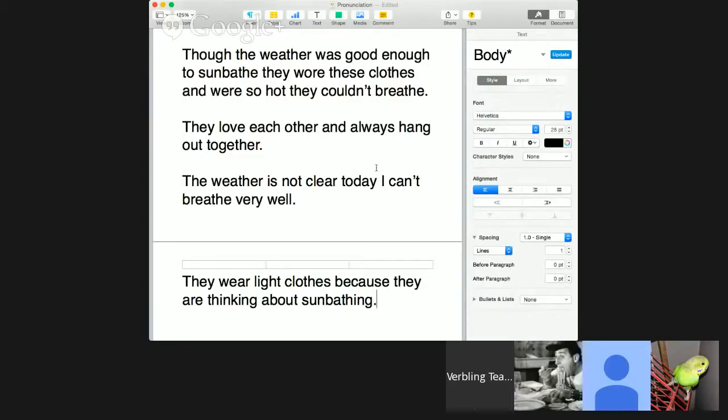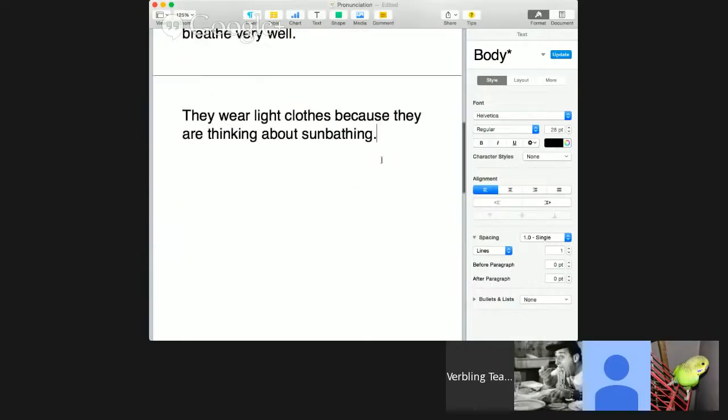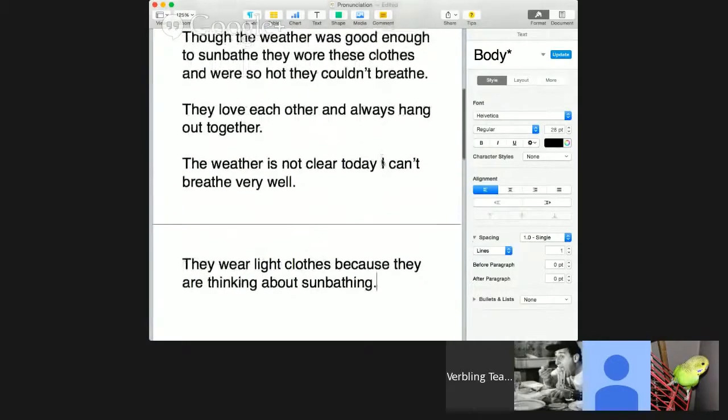I can't breathe very well. And the last one, can you see that? They wear light clothes because they are thinking about sunbathing. Beautiful. Also 10 out of 10 for you, Giselle.